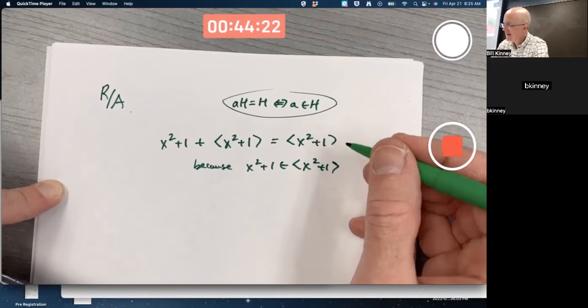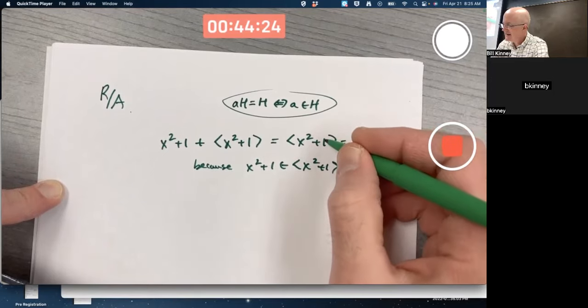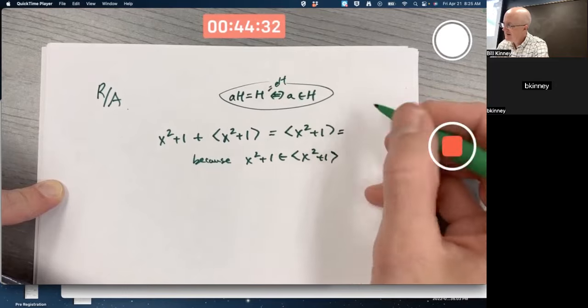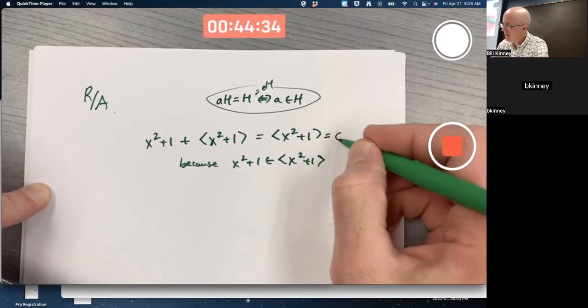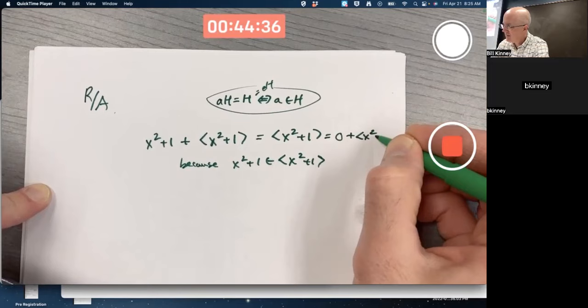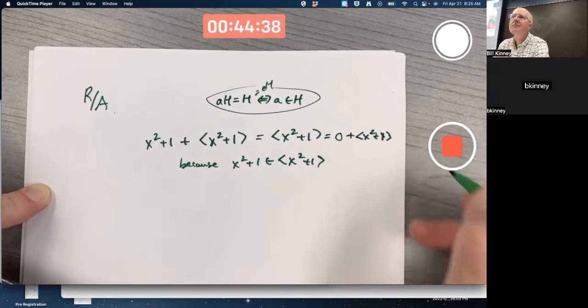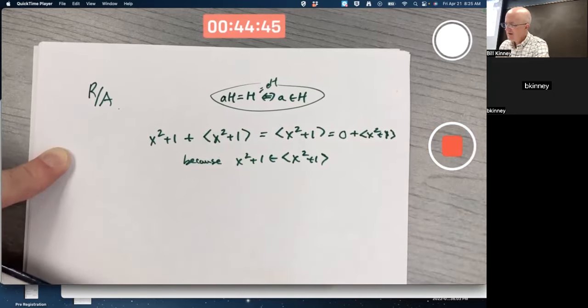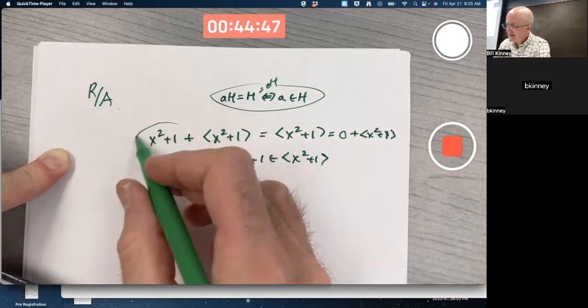Wait, is it? This is acting like the H. Isn't this like eH? Yeah. And this is the same as 0 plus the principal ideal. So yes, this does equal this for this example.